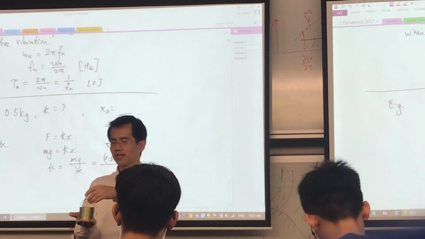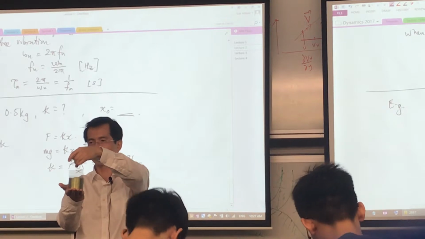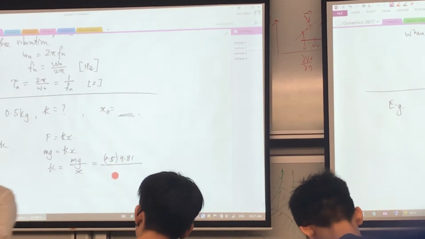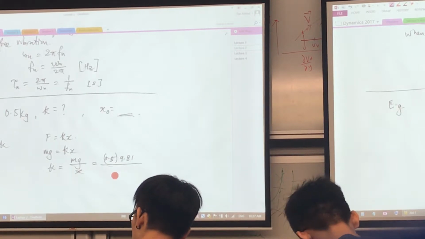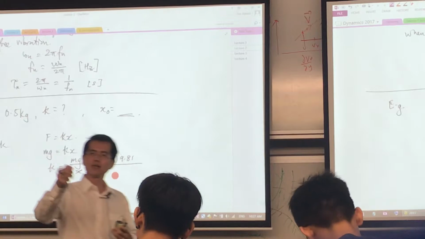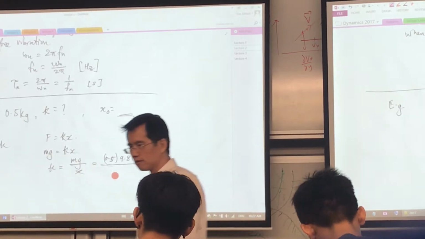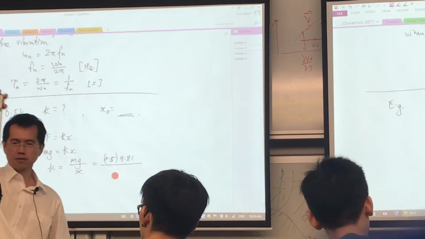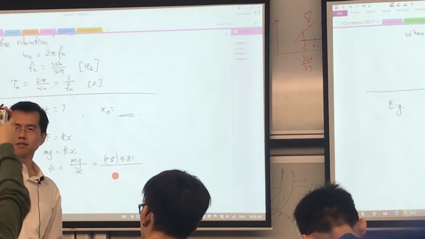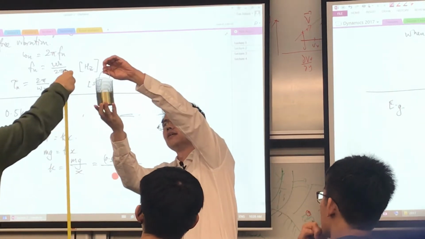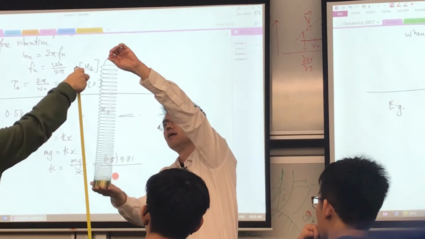What I'm going to do is see how much it will extend when I drop this down, because it has its own weight. So I bring this measuring tape. You can help me to measure. Hold on to this. Probably you need to stand up because this spring is going to get extended down quite a lot.